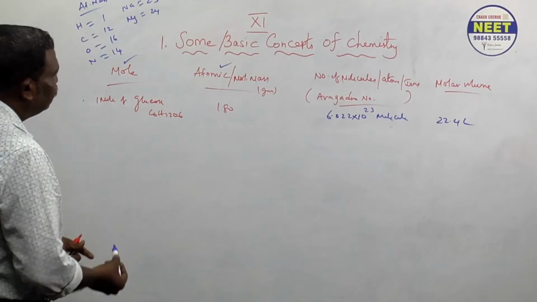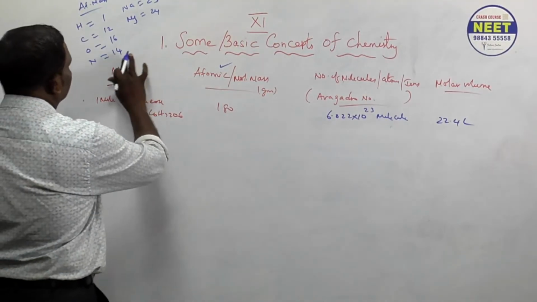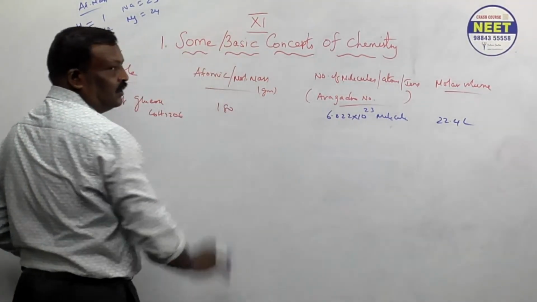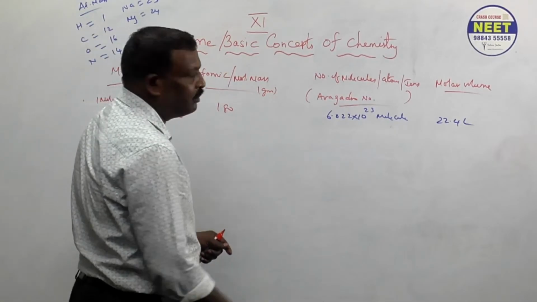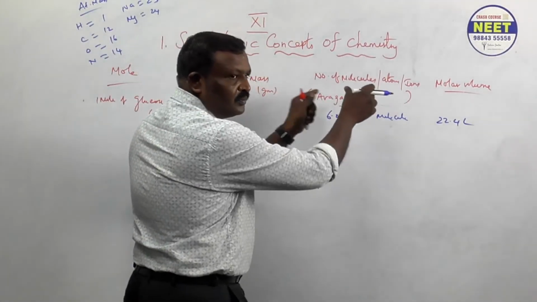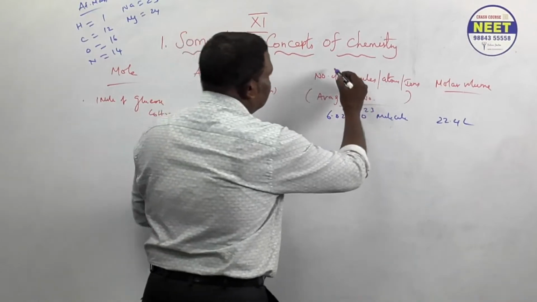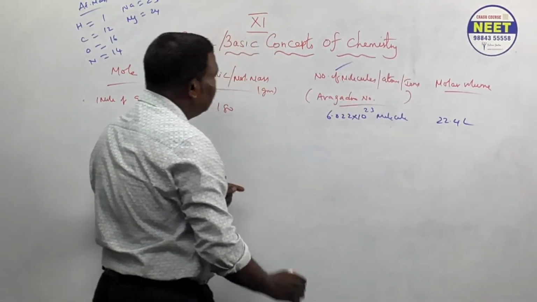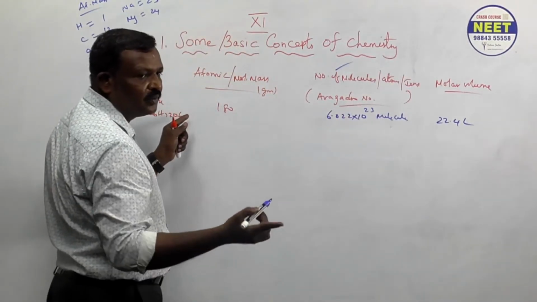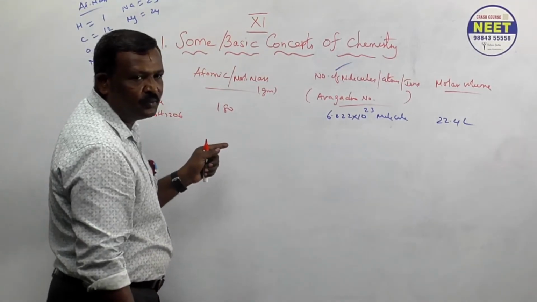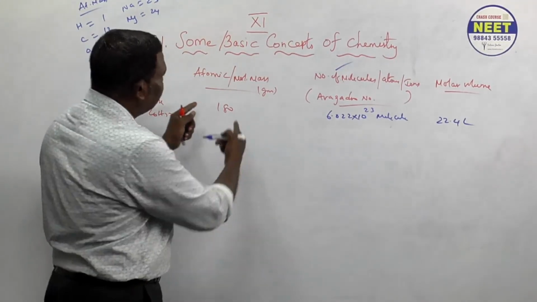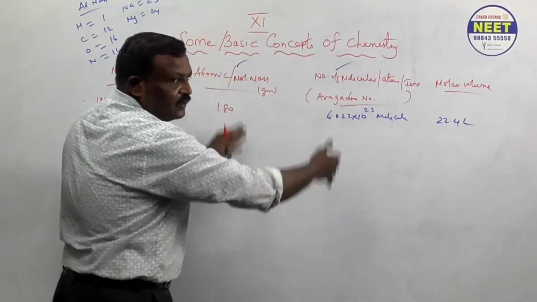What's the question? Listen carefully. Calculate number of molecules in 90 gram of glucose. See, these two quantities will compare.